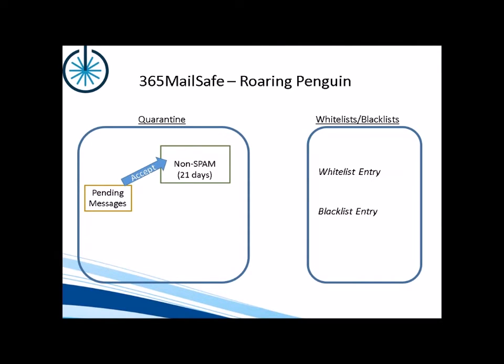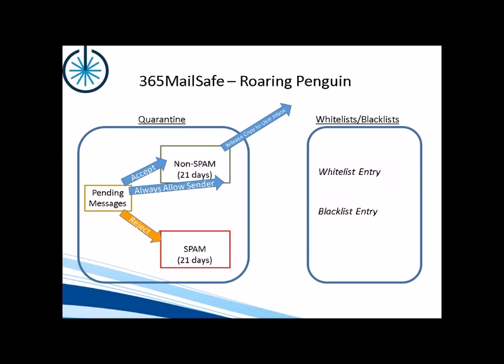For any message that you click accept for, it will go into a non-spam folder, but it will also release a copy to your inbox. Anything you reject goes to a spam folder and is deleted in 21 days. Another option, always allow sender, will go to non-spam and also be whitelisted and be released to you, of course.